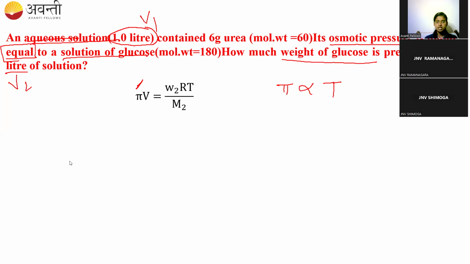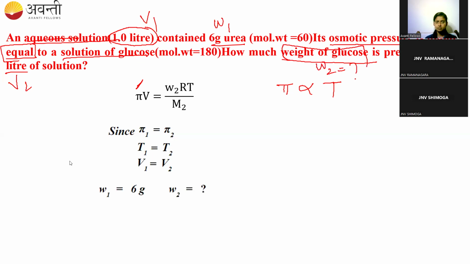So since pi 1 equals pi 2, T1 equals T2 and V1 equals V2. The mass of urea is given. I'm taking the urea solution as 1, so W1 is given as 6 gram. We have to find out the mass of glucose, that is, W2. W1 is 6 gram and W2 is being asked.